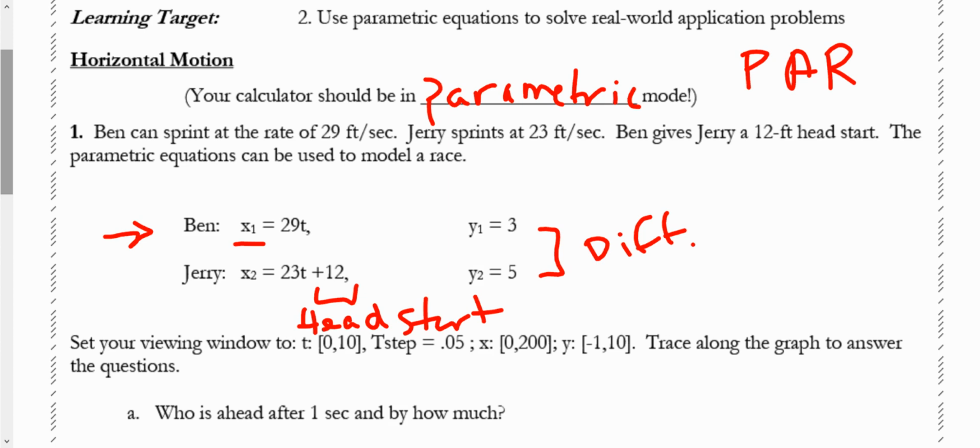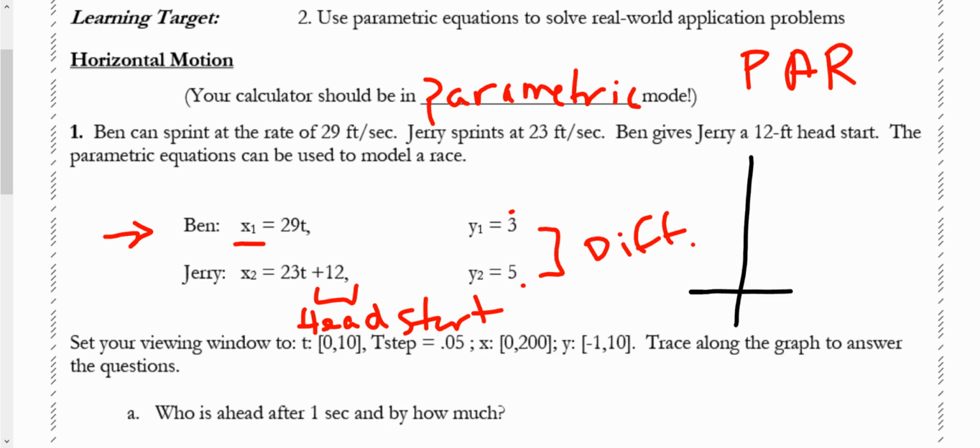And then our y will be -1 to 10. And that's just in response to these numbers that we have up above. So if we went from 3 to 5, -1 to 10 gives us space above and below to give it some context. Okay, so once you've done that, you should get a window that basically looks like this.